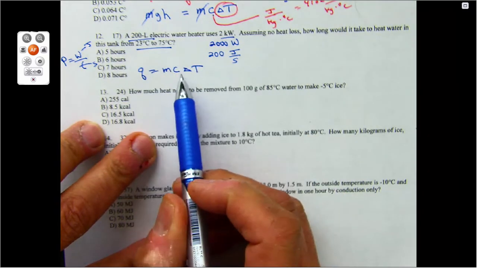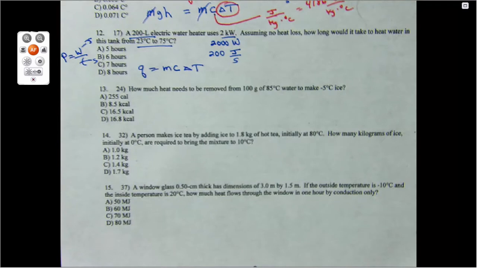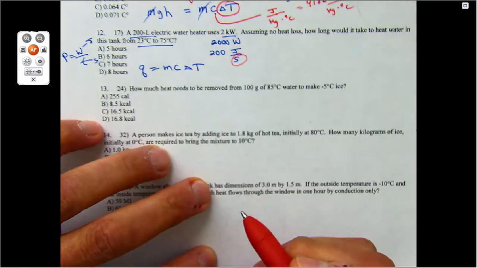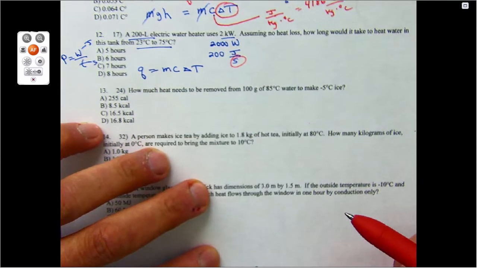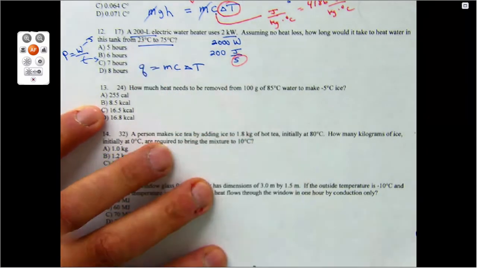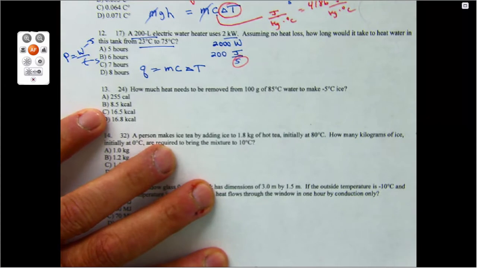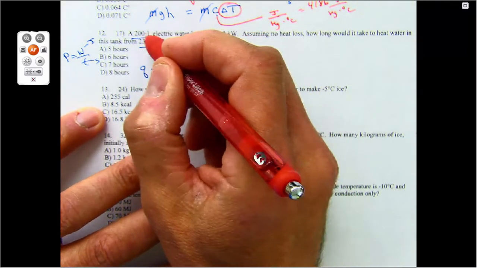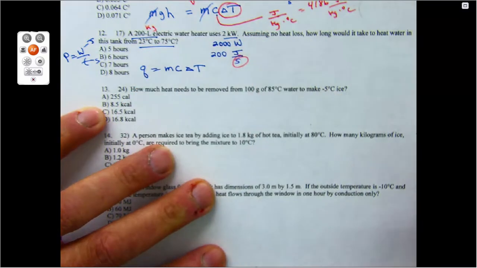This will come out to be joules. This is joules per second. Then you'll be able to solve that for time in seconds, and you'll have to convert to hours. Now, 200 liters of water, that's 200 kilograms of water.